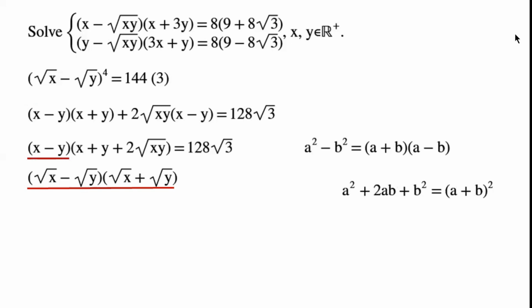We know that a squared plus 2ab plus b squared can be written as (a + b) squared. So we can write x + y + 2√(xy) as (√x + √y)².